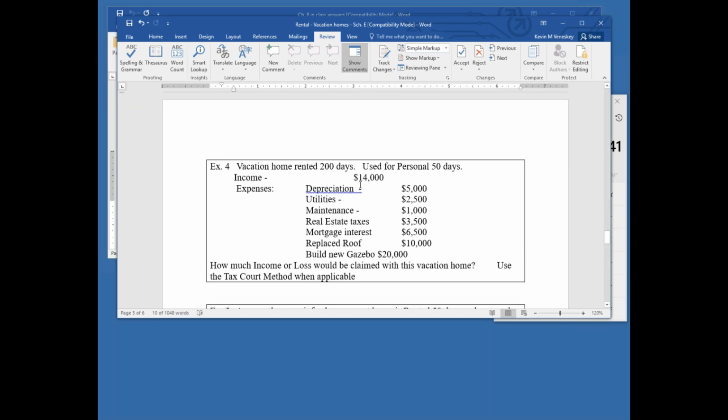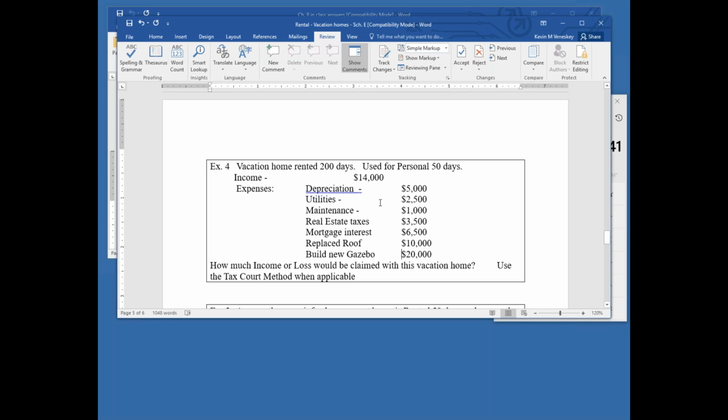And then I give us the income and our different types of items that I spent money on. And you have to go through and decide which ones are allowed as a deduction, which ones aren't. And then deciding, all right, using the IRS method, what would be my net income? And then is it worthwhile to use the tax court method? And let's assume that this person does itemize.